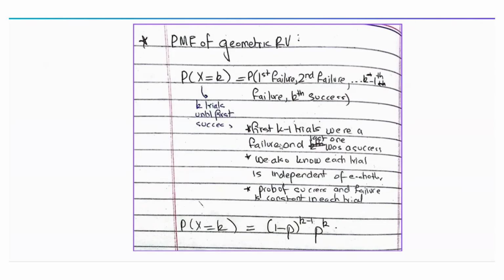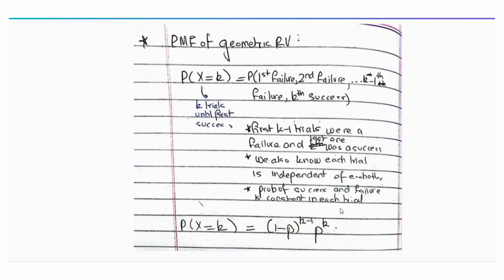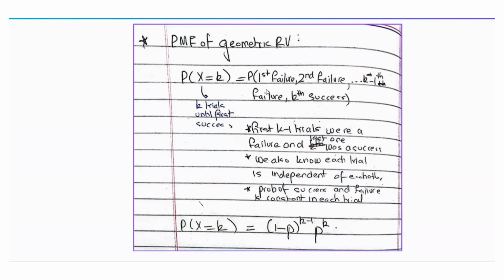Keeping these things in mind, we can write this in the form (1 minus p) to the power k minus 1, times p. Given that these are independent trials, we can write this as the probability of first failure times the probability of second failure, and so on till the probability of k minus 1 failure, times the probability of k success. Then, since the probability of success and failure is constant in each trial, the probability of each failure is 1 minus p.